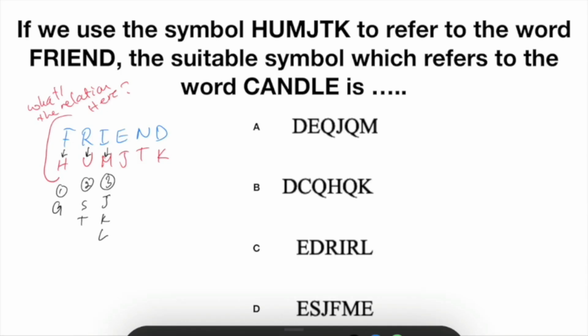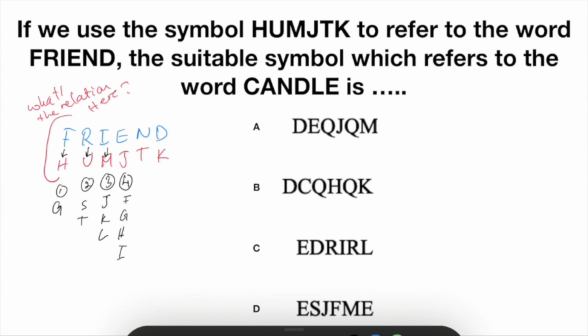Let's move to the letter E in friend, and see the number of letters it will pass in order to reach J. Let's count: start at E. E, F, G, H, I. F, G, H, I. 5 letters.